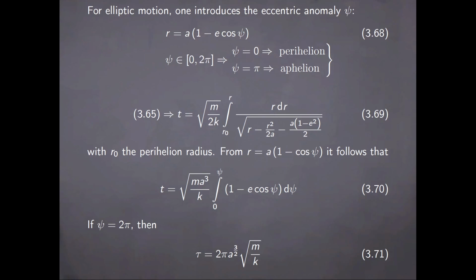And then if we use the transformation that we suggested here, with r given as a function of the eccentric anomaly, then we can recast the integral in the form here, which is obviously a very straightforward calculation. In particular, if psi is equal with 2 pi, then we obtain the period of the motion through the formula here.